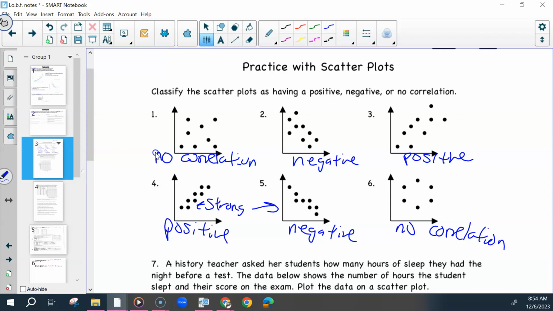So you could say strong, not as strong, you could say weak, either or. The way you really find that is, we'll see that when we do our linear regression, there's a specific value that will tell you if it's strong or weak. We're skipping 7 just because that's really just plotting the points, but you are welcome to go back and do that if you so choose.